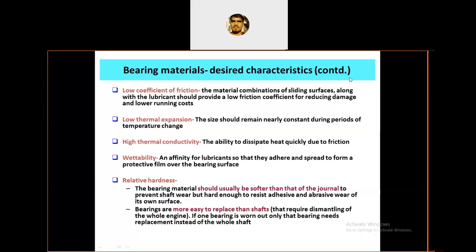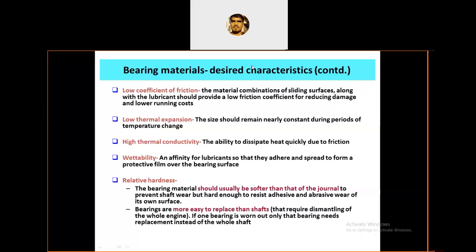Clear? Because these two are operating, means they are rubbing, correct? Journal as well as bearing are in a rubbing process. So where there is rubbing, there is an increase in temperature. Take an example. If you rub your hands, what happens? It generates heat. The same concept applies to the journal and bearing surfaces. If they are rubbed together, it will increase the temperature.